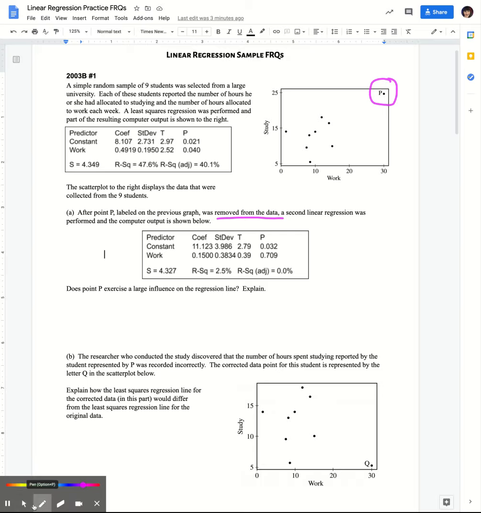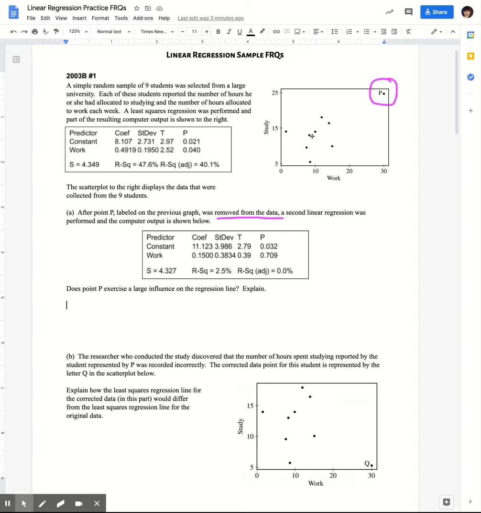So the question here is, does P exercise a large influence on the regression line? And the answer here, I'm hoping you can kind of see, is, well, yes, it does. If you remove P, then it looks like the correlation is going to go down, the R squared value is going to go down, and the slope may end up even being negative, right?